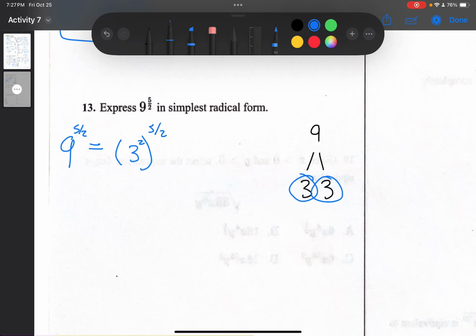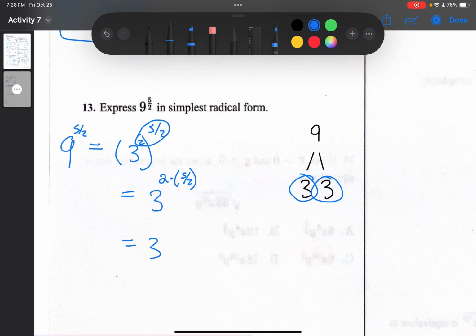Because 3 squared is 9, right? And when we simplify that, we have 3, right? When you have this happen, you're doing 2 times the 5 over 2, if we remember that property there.